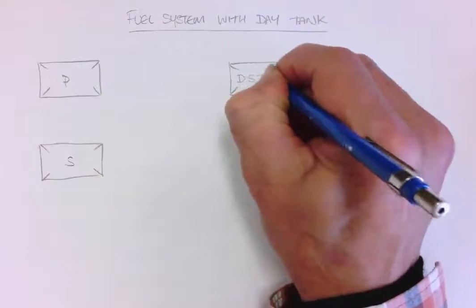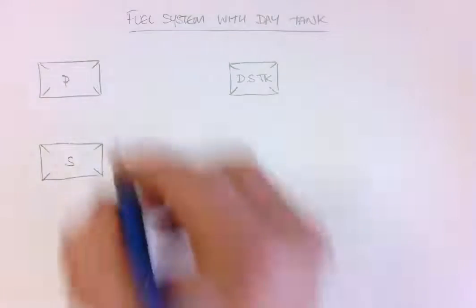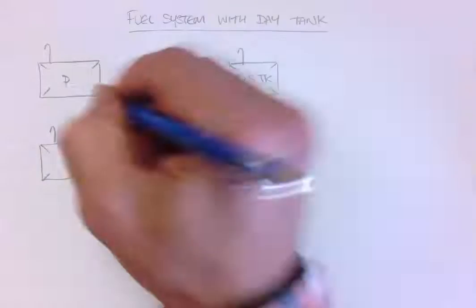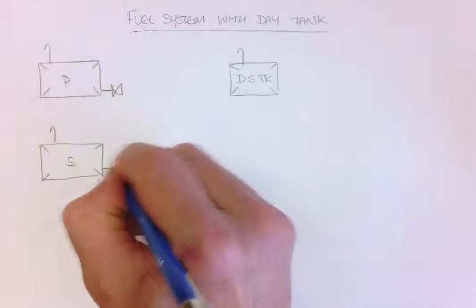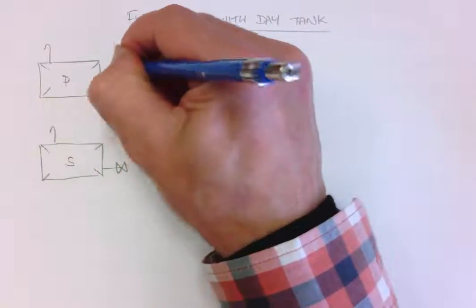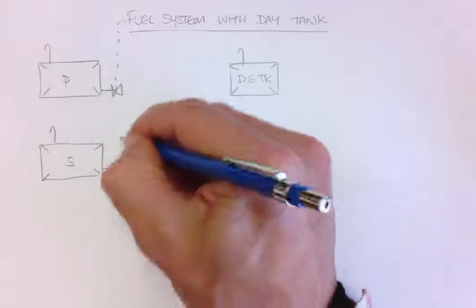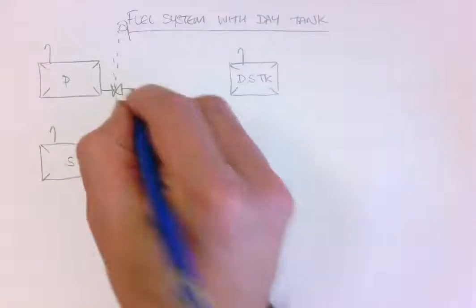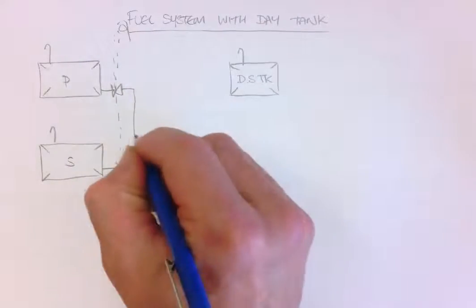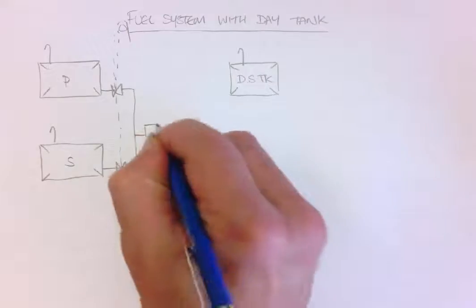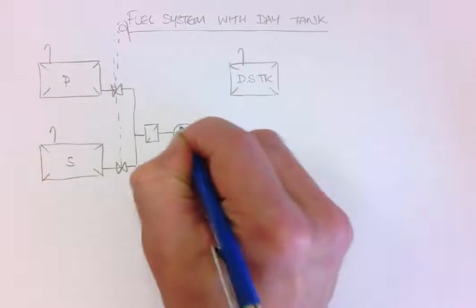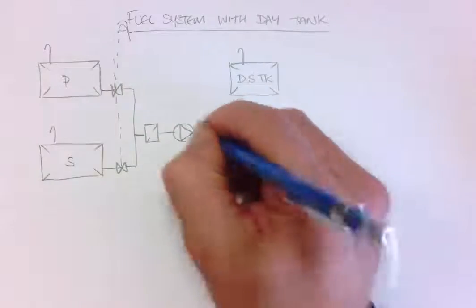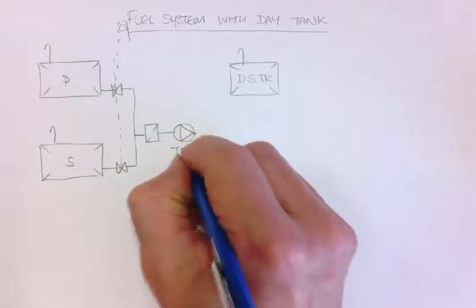Here's our daily service tank, DS tank, and we still have breathers on our tanks, and supply valves, which are remote quick closing valves, of course, and we still go through a primary filter, but instead we have a transfer pump.